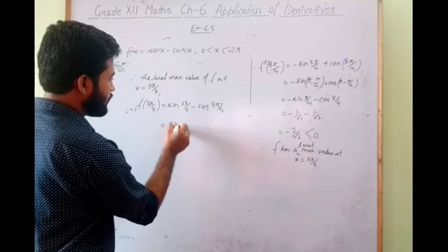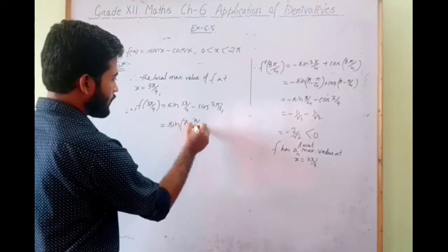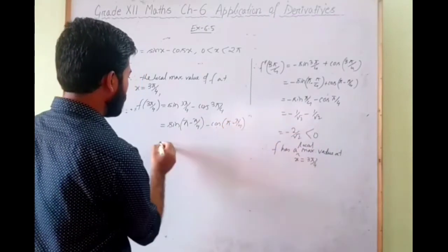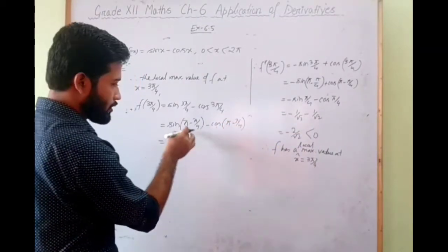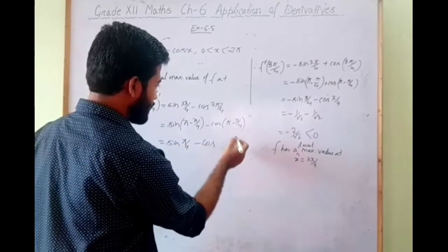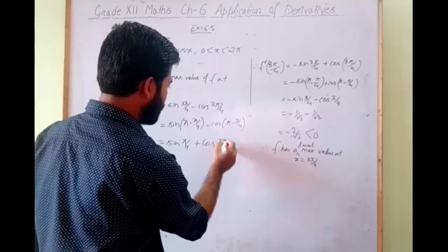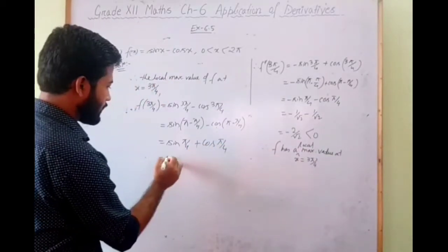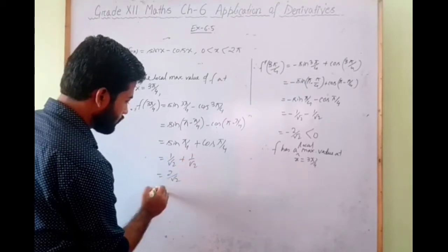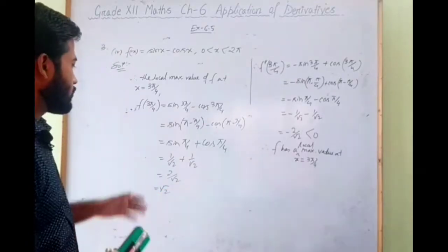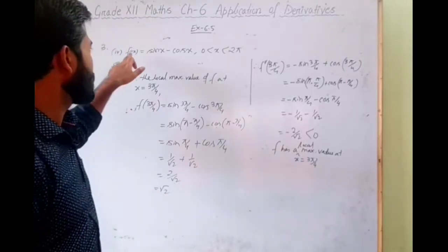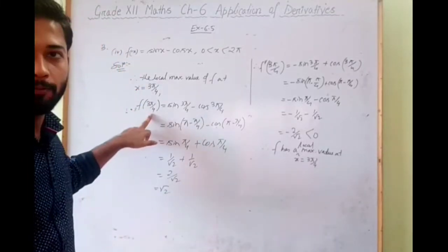I can write 3 pi by 4 as pi minus pi by 4, which in turn will give us sine of pi by 4 because it lies in the second quadrant. So this will be sine of pi by 4 minus cos of pi minus pi by 4; this also lies in the second quadrant, so cos is negative, and the minus makes it positive. Sine pi by 4 is 1 by root 2 plus cos pi by 4 is 1 by root 2, so this will give us 2 by root 2, and hence we are getting root 2 here. So this is the local maximum value of the function f at the point 3 pi by 4.